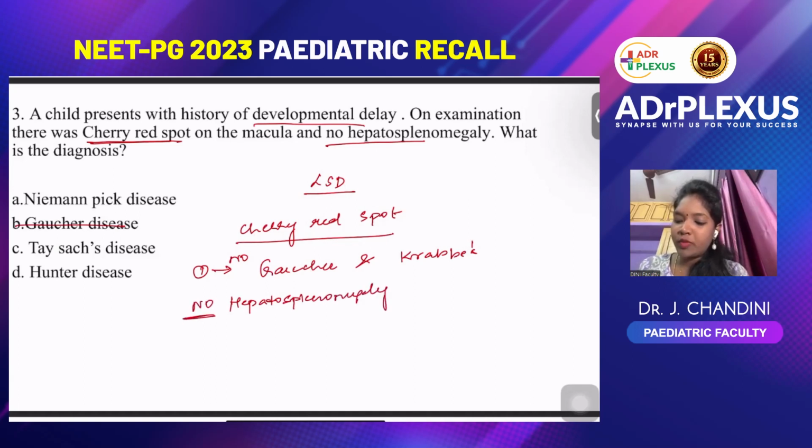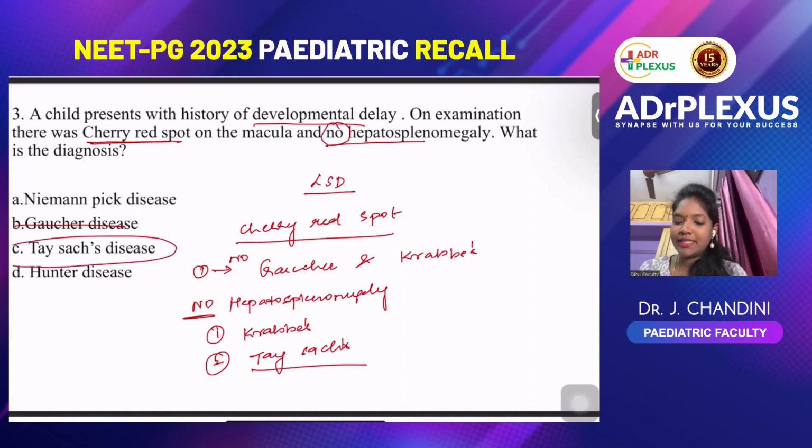All these inborn errors have hepatosplenomegaly except for two diseases, Krabbe and Tay-Sachs. So Tay-Sachs does not have hepatosplenomegaly. Here the child is having cherry red spot but no hepatosplenomegaly, so the answer is nothing but Tay-Sachs disease.